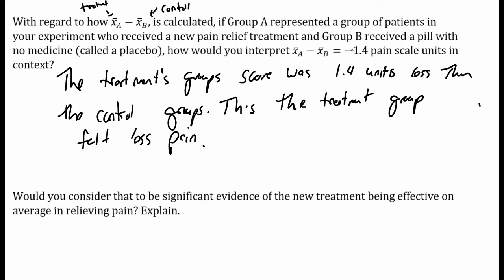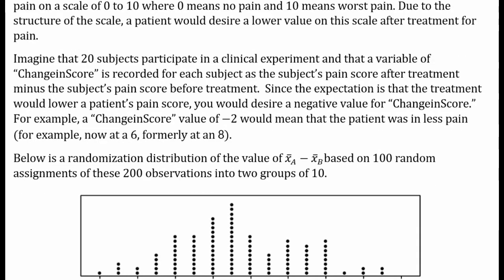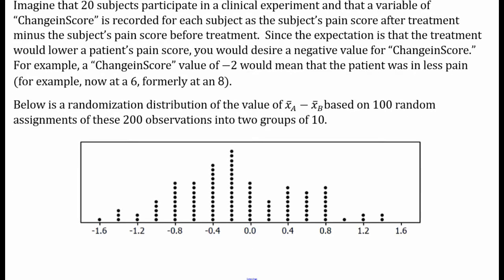Do we consider that diff score of -1.4 to be statistical evidence of the new treatment being effective on average in relieving pain? So is that diff score statistically significant? So let's go back to our distribution here. We had a diff score of -1.4. There's the cutoff there. How many were less than that? Only 4 dots.